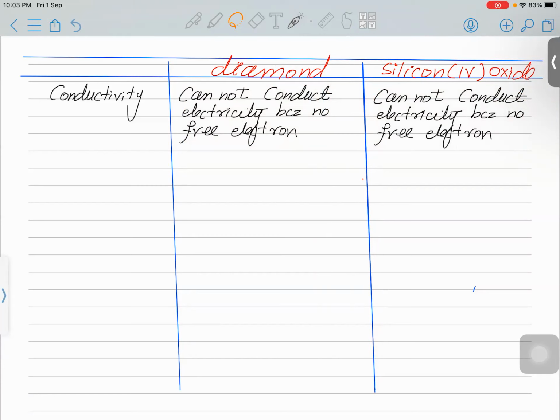Now next is hardness. Which one is hardest? Sir, diamond. Both are hardest. But diamond is harder, right, sir? Yes, diamond is also the hardest, but silicon dioxide is also hard, right?